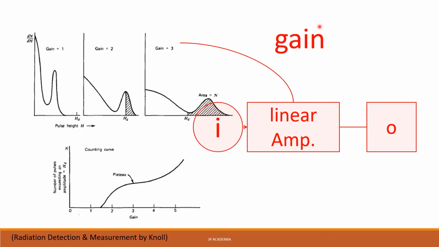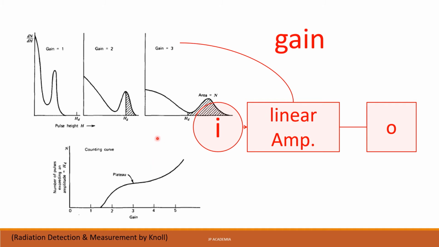A linear amplifier is just an electronic circuit whose output is proportional to the input but capable of delivering more power into a load.